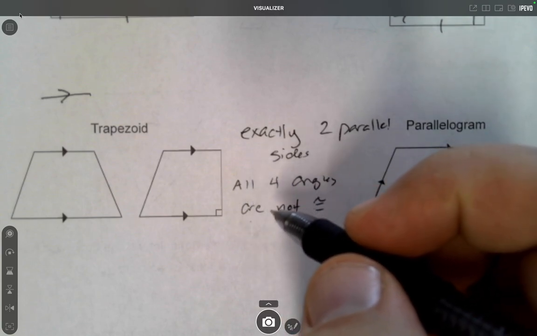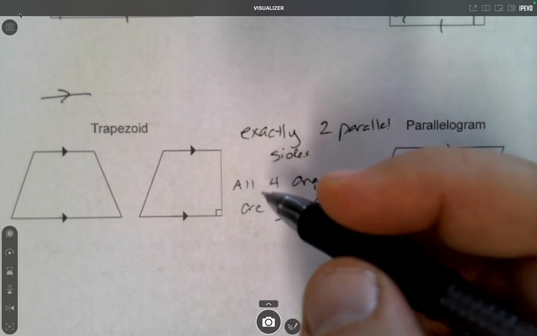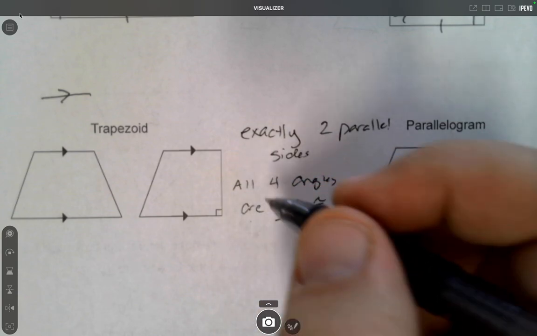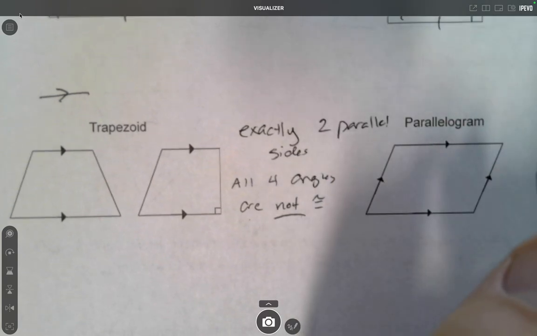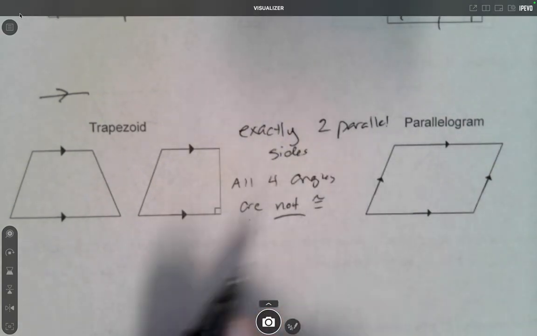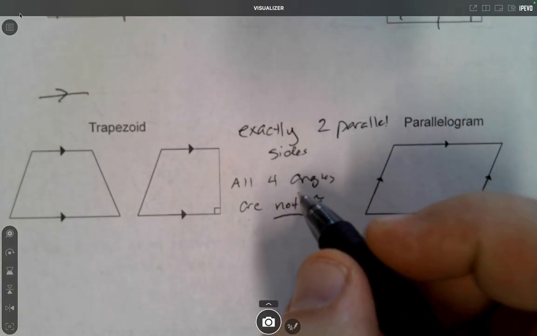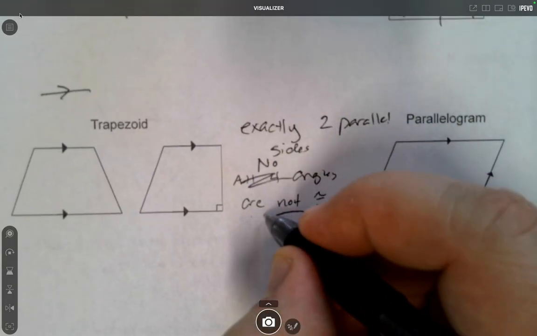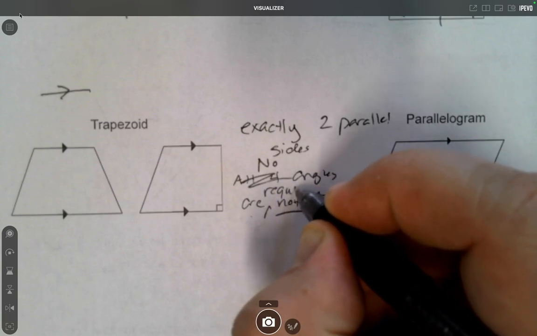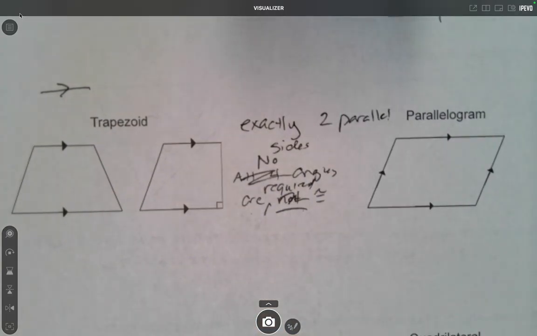I think the better way to say it is there is no requirement for any of the angles to be congruent, because as I'm thinking about it, there are ways that we have pairs of congruent angles. So really what this should say is no angles are required to be congruent. There we go. That's a better way to say it.